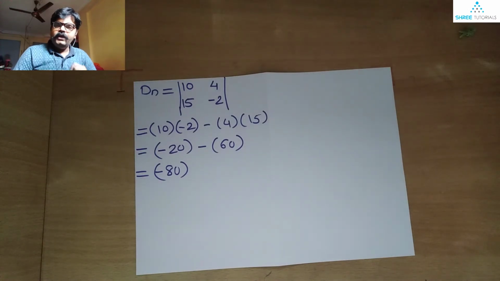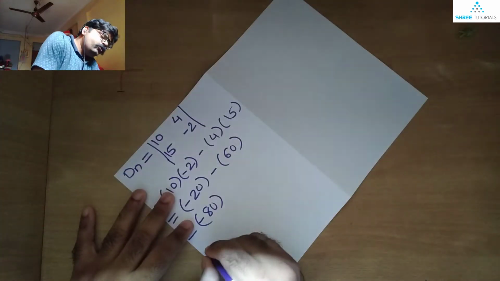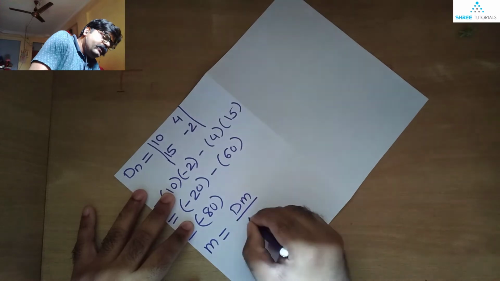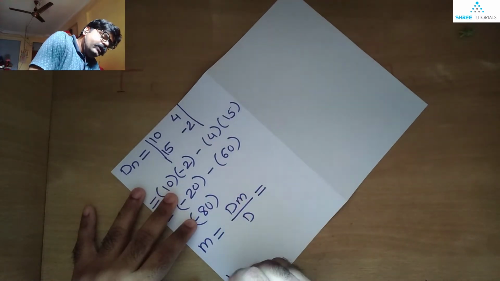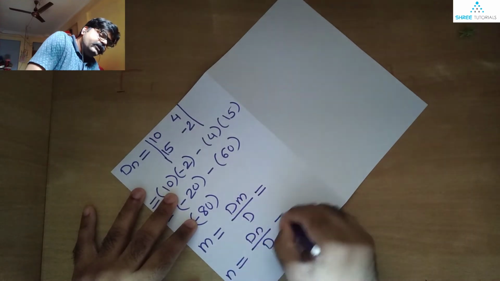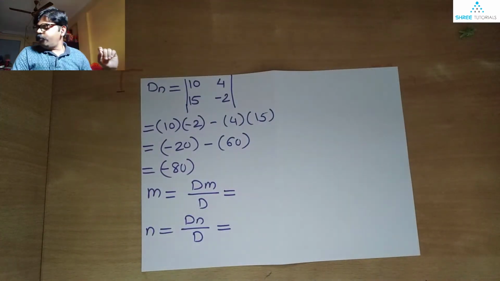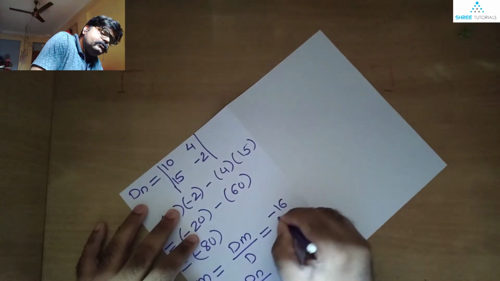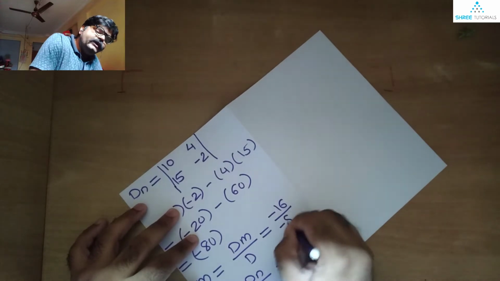Based on them we are going to calculate m and n's value over here. Therefore formula for m is going to be dm divided by D, and for n as well we are going to have a similar formula, dn divided by D. So dm's value, what we have received earlier, was minus 16 divided by D. D's value was minus 80.